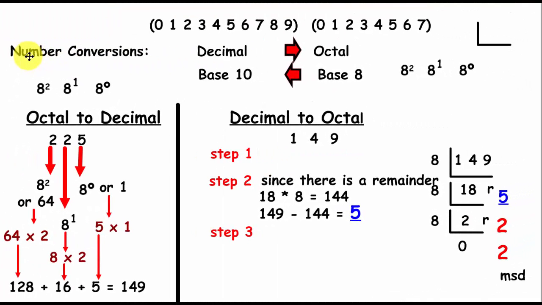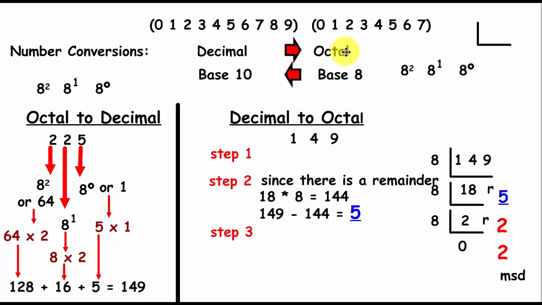This video is going to cover number conversions. The first one we're going to do is decimal to octal and back again. But first of all, let's look at decimal and see exactly what we're talking about. Decimal is base 10, which means we have 10 numbers.